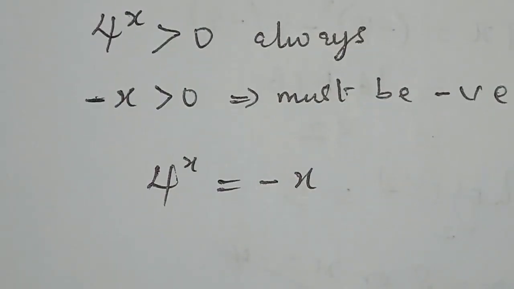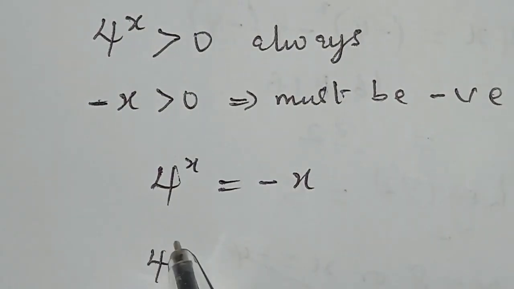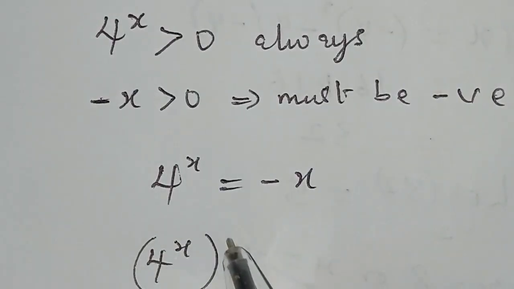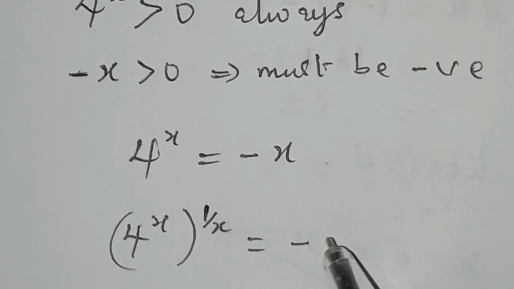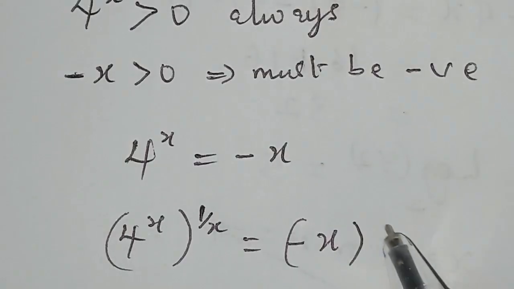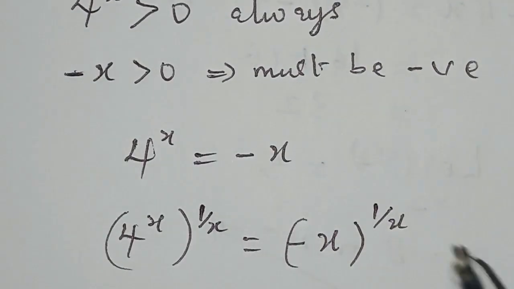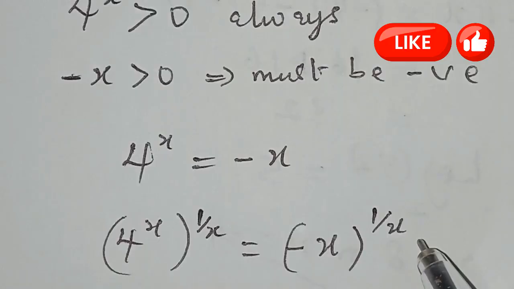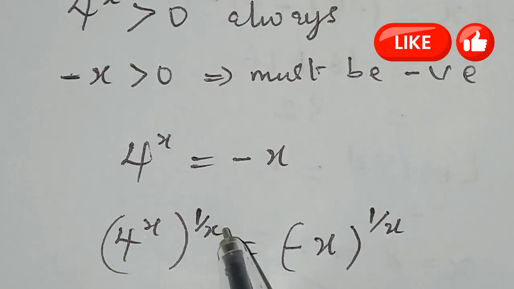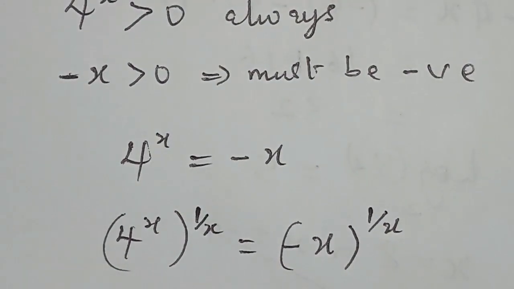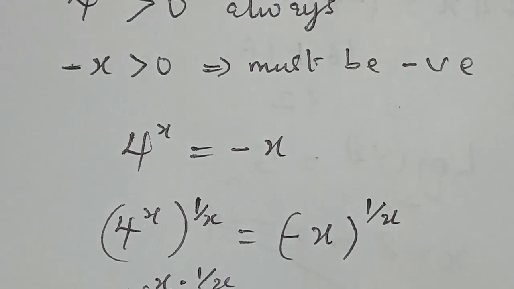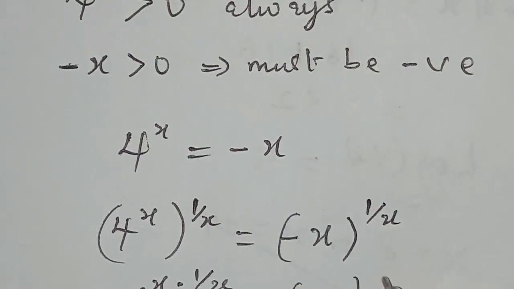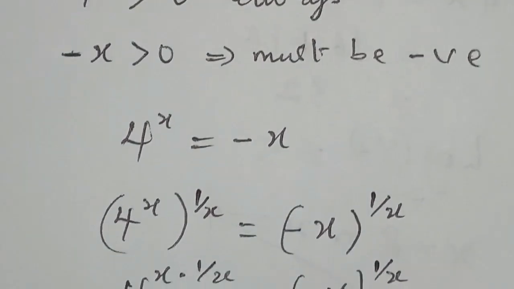So from there we can say 4 to the power of x, into brackets, raised to the power of 1 over x, then at the other side minus x also raised to the exponent 1 over x.